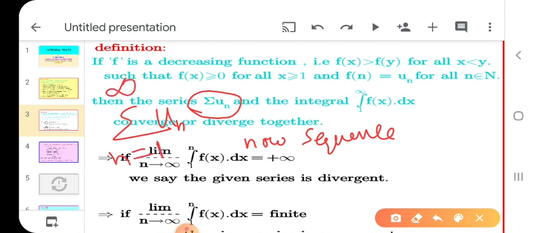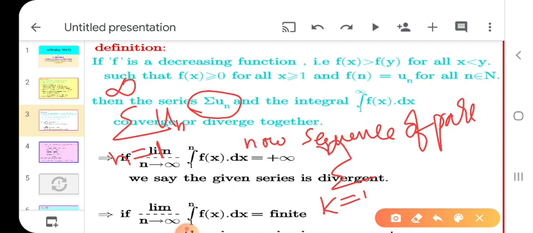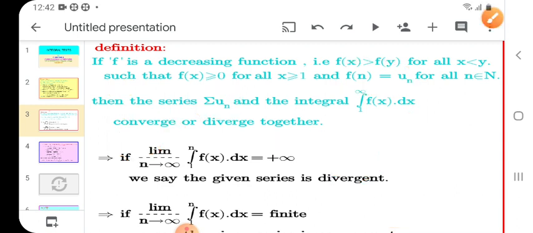What are the values of n here? From 1 to infinity. So I take the sequence of partial sums, summation from k equals 1 to n of uk, where I let un as f of n. So I write f of x dx. See, what is x here?